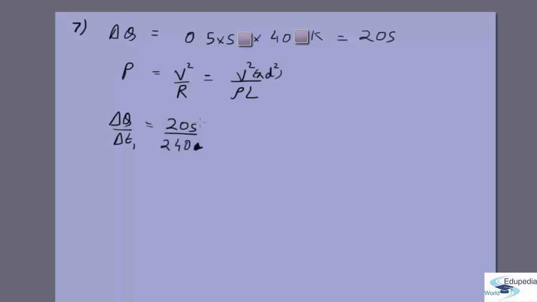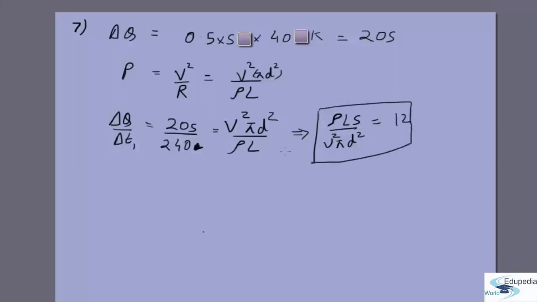I'll just not write the units, it's going to confuse with this S. So 20S by 240, that we are told is equal to V square pi d squared by rho L. Now this equation can be written as, just to get the values of the constants, rho L S by V squared pi d squared is equal to 240 by 20, that is 12.